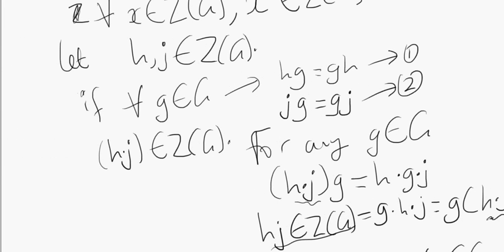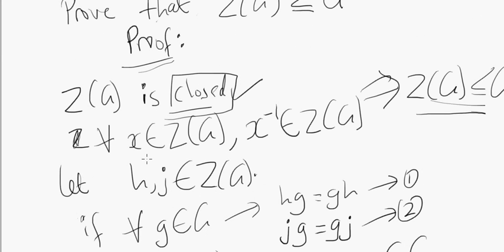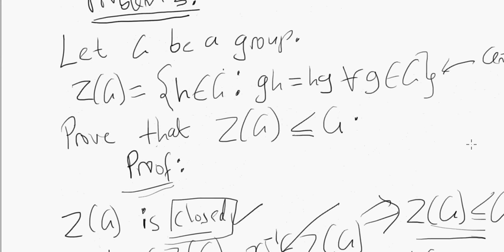Right. So we've now proved the second part, any element has its inverse in Z of G. Well, if Z of G is closed and every element has an inverse, then it is indeed true that Z of G is a subgroup of G, which is exactly what we've been trying to prove, right?